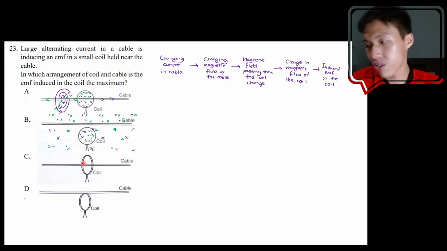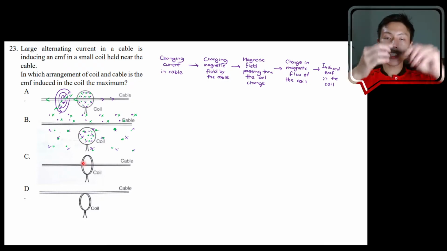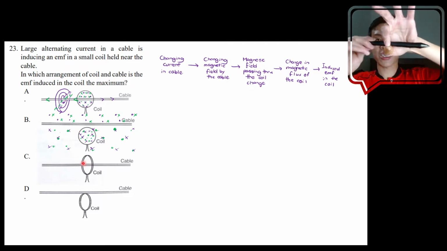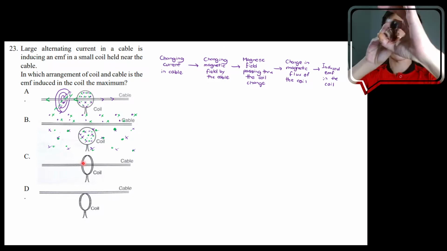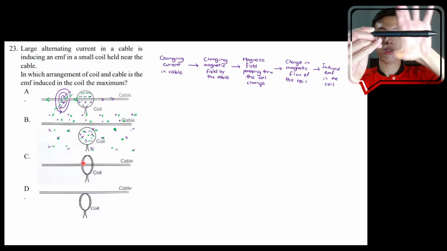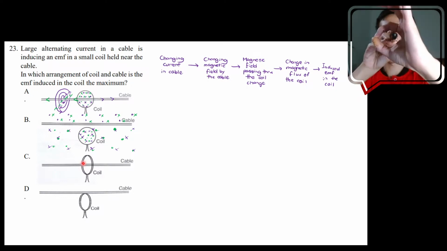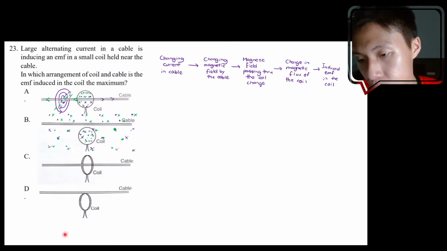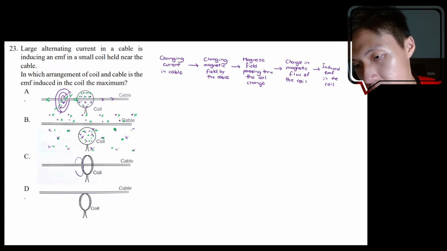In situation C, you place your coil like this. If this is your cable, you place your coil like this. Okay, you know that your magnetic field is also parallel to your coil.